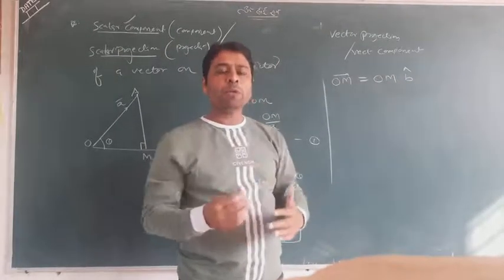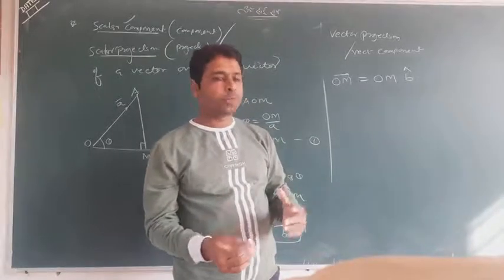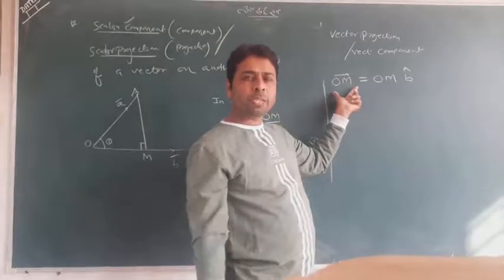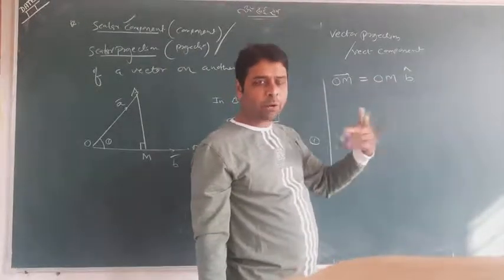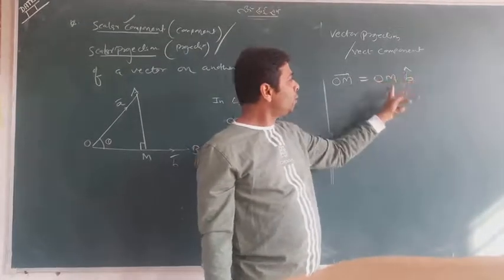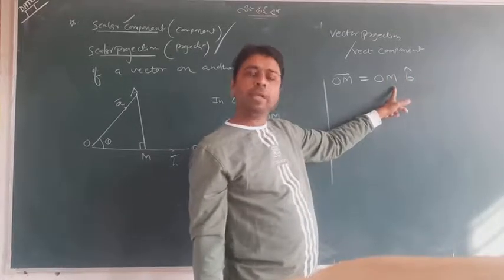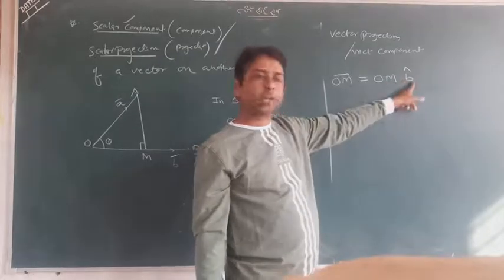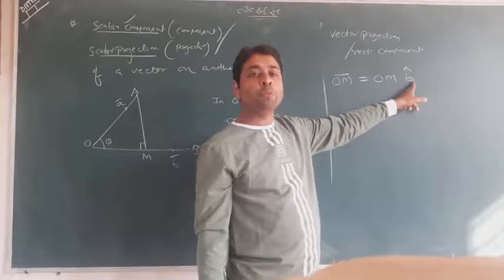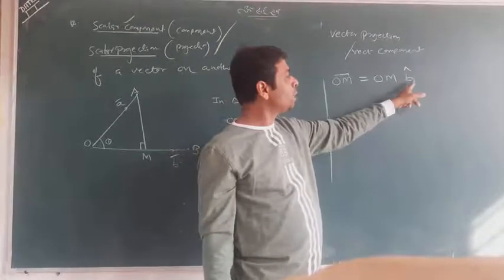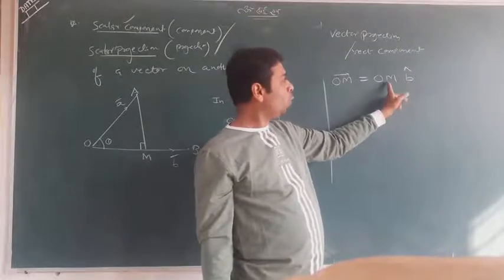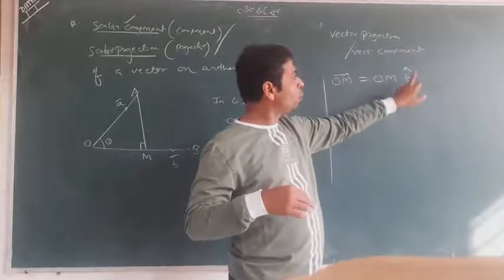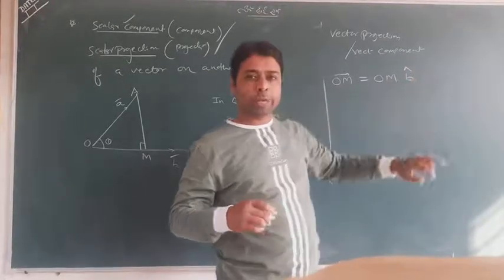So take out the conclusion of what you have got. Are they equal? Yes, they are equal. How is it so? Because this is the same vector whose direction is the direction of B cap, and whose modulus is the modulus of OM times the modulus of B cap.